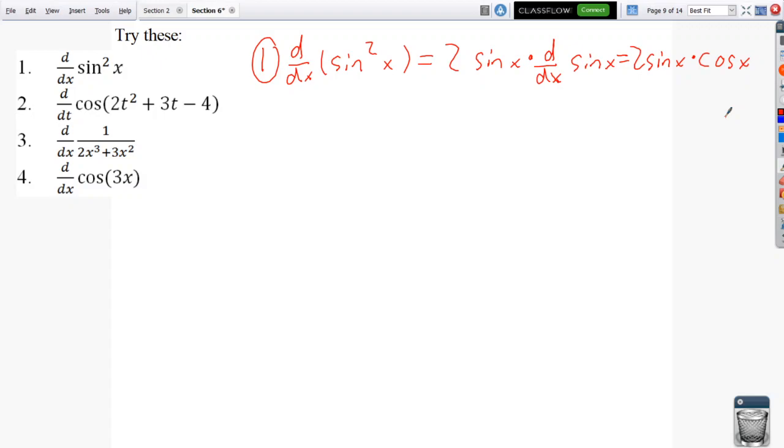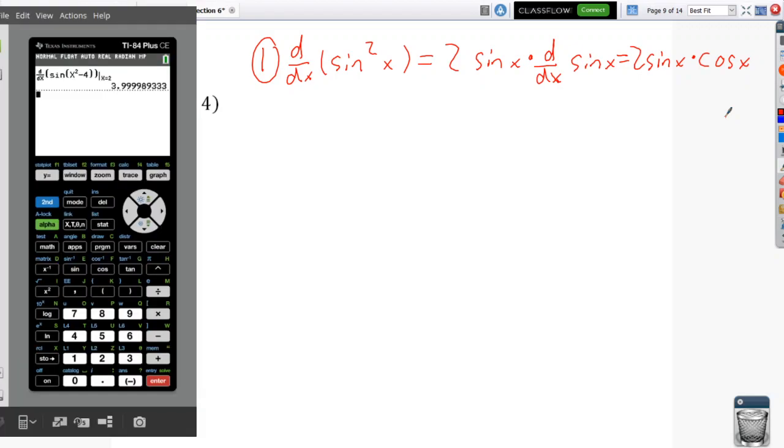I'm not going to do this for every single problem, but here's a nice way to check yourself. You can go into the y equals menu here. Let me clear out this stuff that we were using in class today.